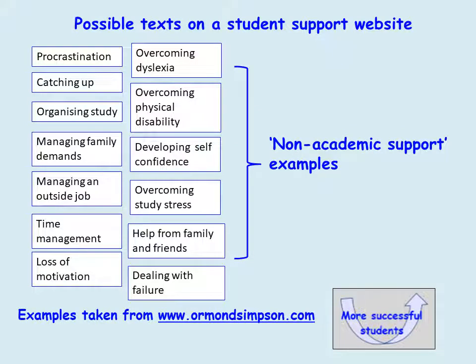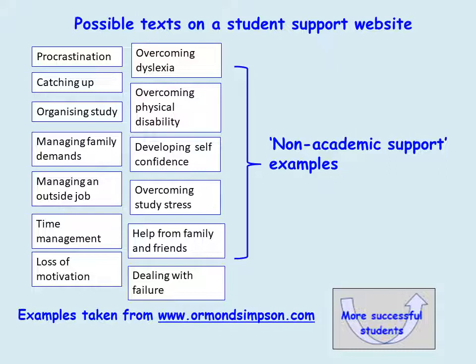Here are some examples of the kinds of texts that could be used for non-academic support, covering topics like catching up with studies when you've fallen behind, overcoming study stress, organizing study, overcoming failure, and many other topics.